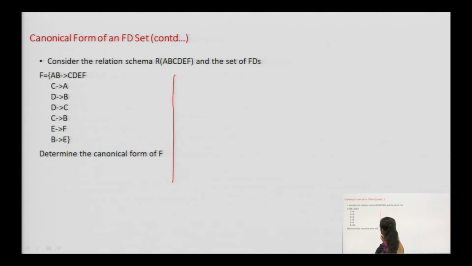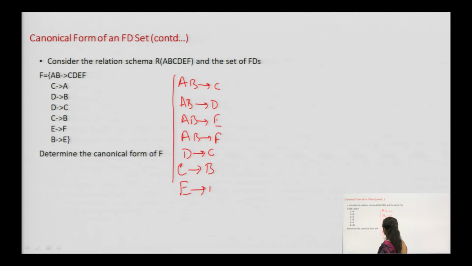So, the first thing that we will do is to reduce the right hand side to single attributes. We will have AB to C, AB to D, AB to E, AB to F, D to C, C to B, E to F, and B to E. First, let us look for extraneous attributes in these four functional dependencies.